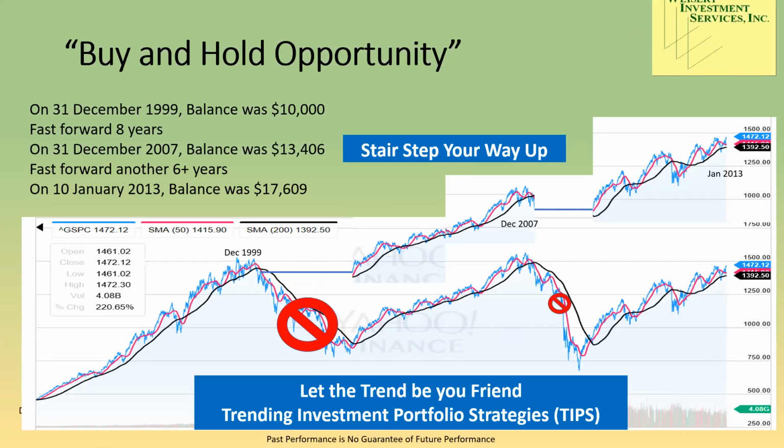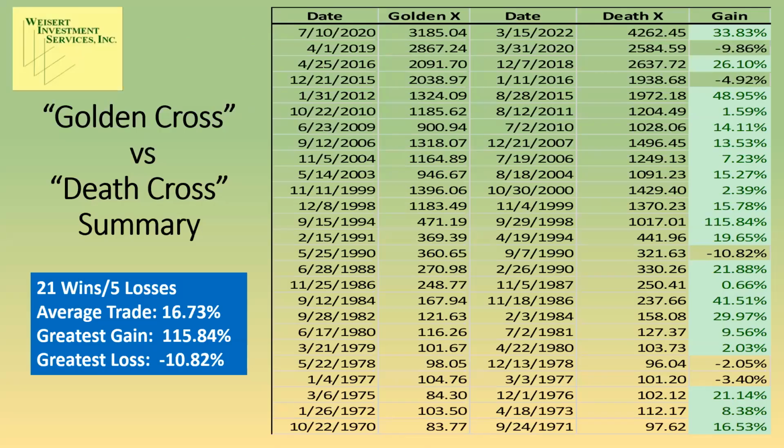Now, there are instances besides those large losses which occur. So let me show you a table of all the different transactions that occurred using just this one death cross and golden cross strategy since 1970. And here you have it. Actually, it's pretty unusual. Looking back at 1970, the S&P was only 83.